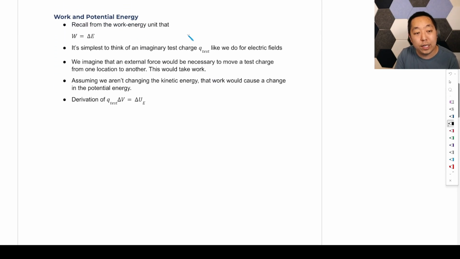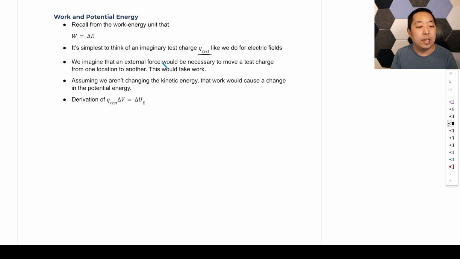Recall from the work-energy unit that work is the change in energy, right? To relate the potential to energy, this is the easiest way to begin to think about it: imagine you put a positive test charge, just like we did for electric fields. We imagine that an external force would be necessary to move that test charge from one location to another, and this would take some work.